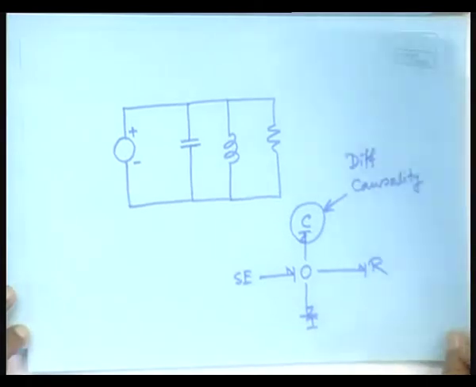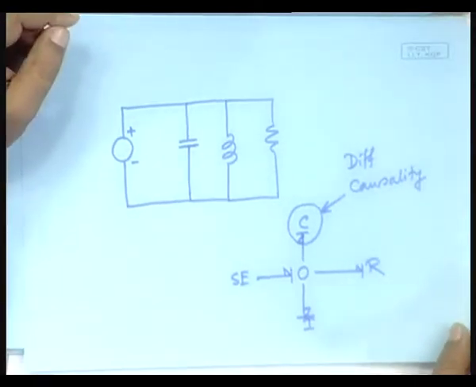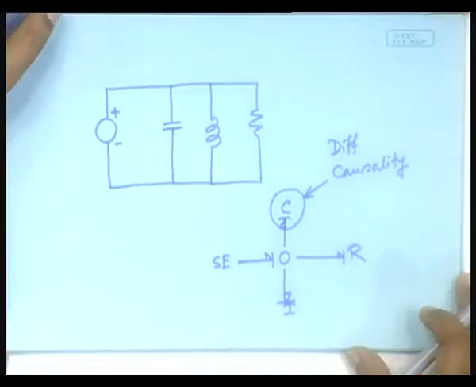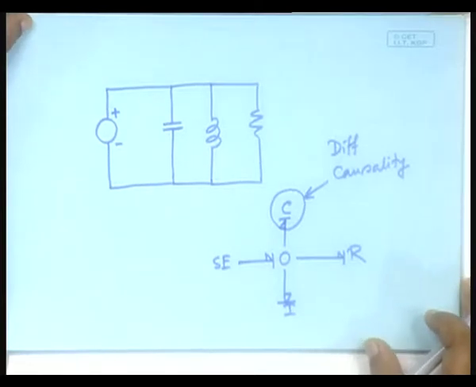Now, let us get to the point. We have already said this when we were dealing with the graph of electrical circuits, that whenever there is a loop containing only voltage sources and capacitances, we had a problem, right.